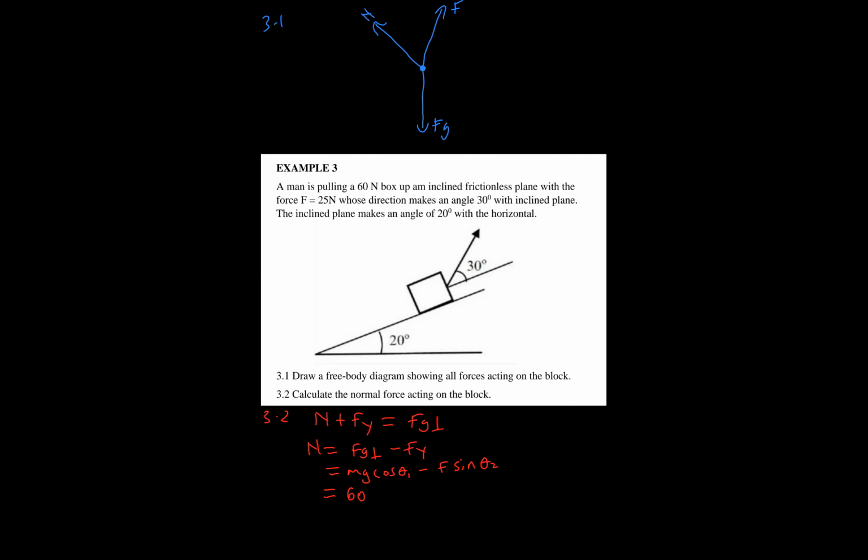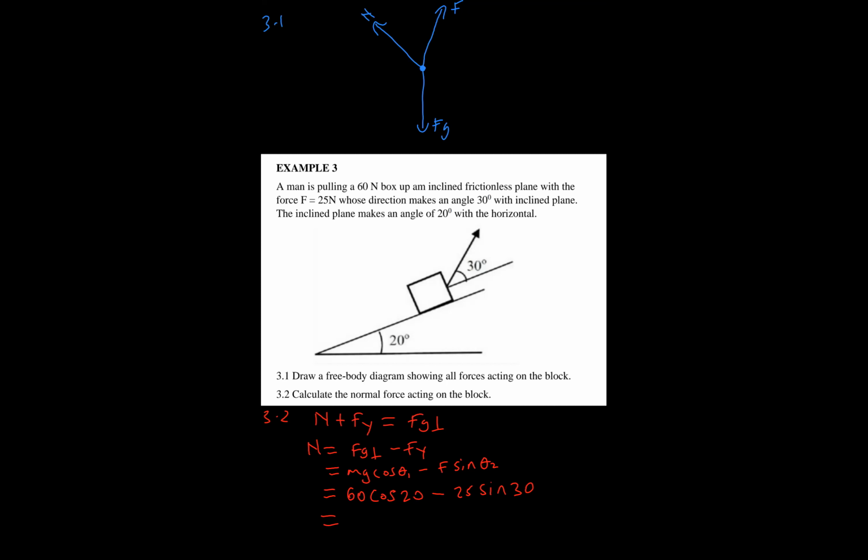Now, cos of angle theta 1 is 20, minus F is equal to 25, sine of theta 2, of course, is 30. Then we press our calculator and find the answer for this one.